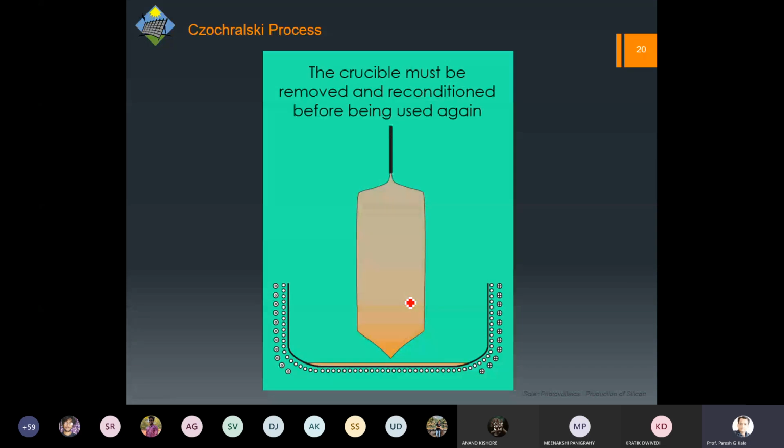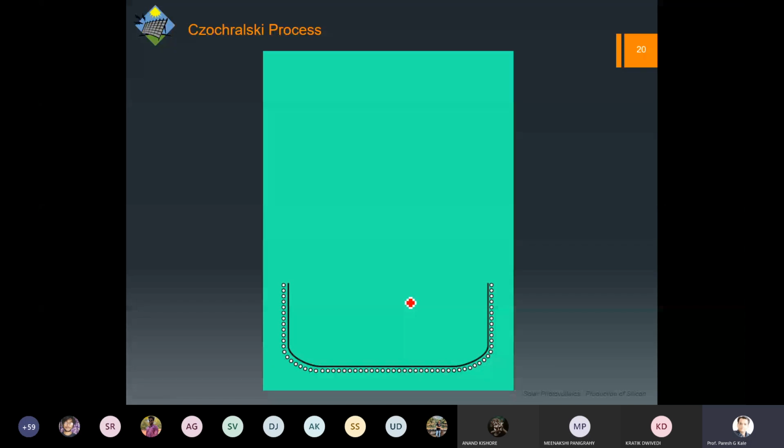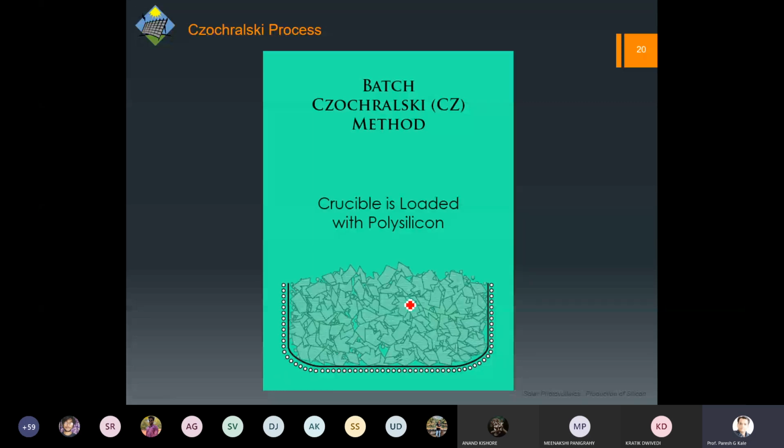Obviously it is cooled in a phased manner, so the cooling arrangements are also done. And whatever is the rest, obviously silicon is costly, right? So we keep on recycling this. We'll talk about the recycling at the end of this particular topic. So you can go through this CZ process.